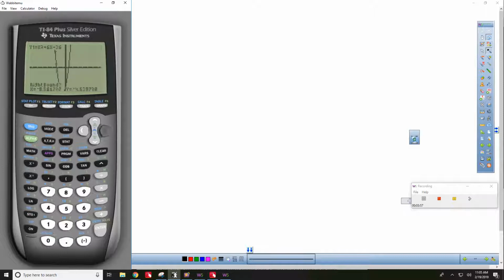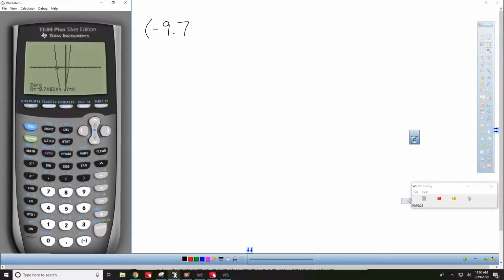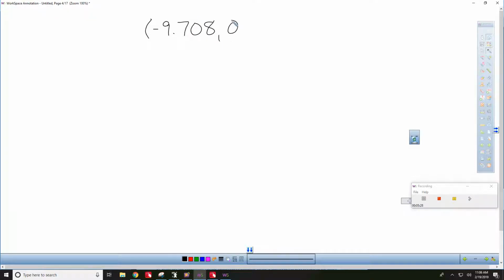Hit enter. Get it to the right of that. Hit enter. Would you like for me to take a guess? So you got a negative 9.7. Negative 9.708, comma 0.